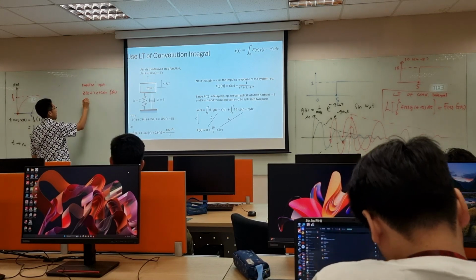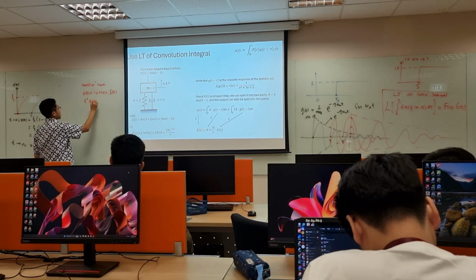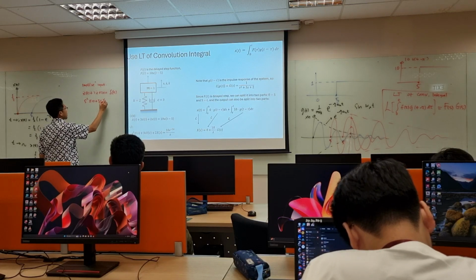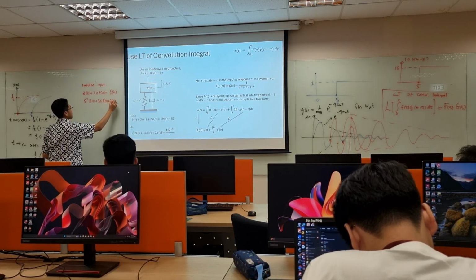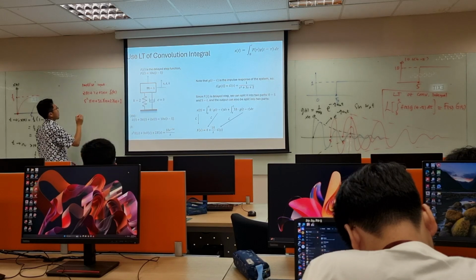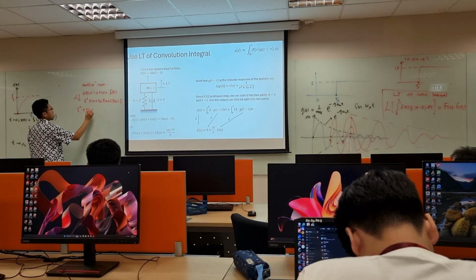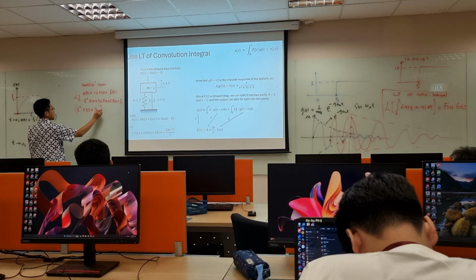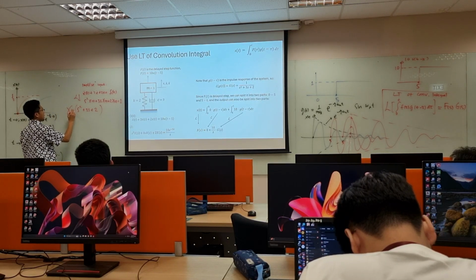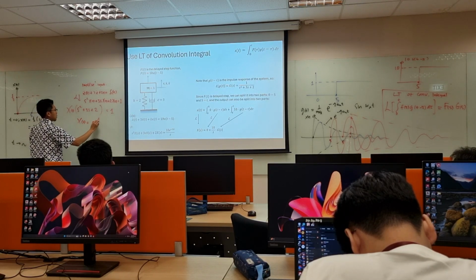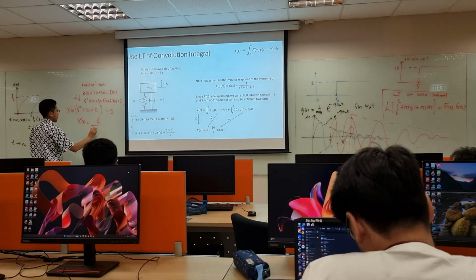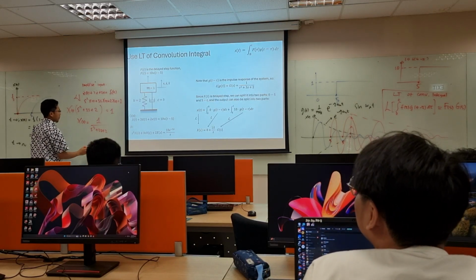Which is why this is s squared X(s), plus 3s X(s), plus 2X(s), and this is 1, after Laplace transform. Then we get s squared plus 3s plus 2 times X(s) equals 1.